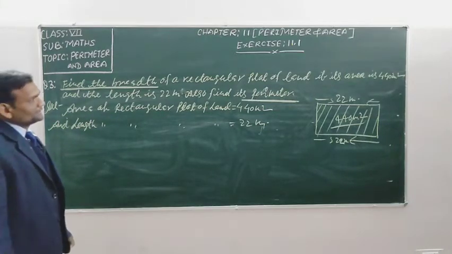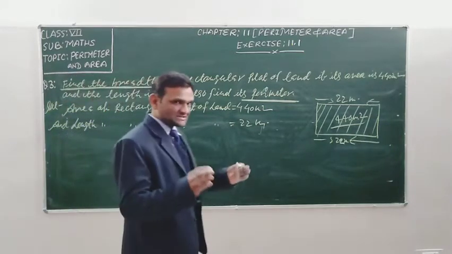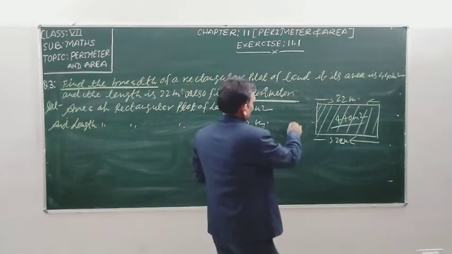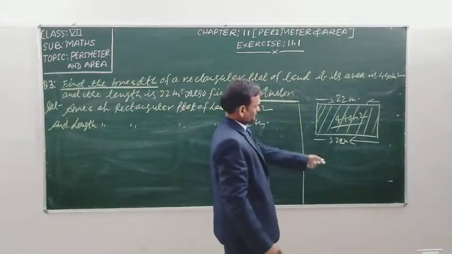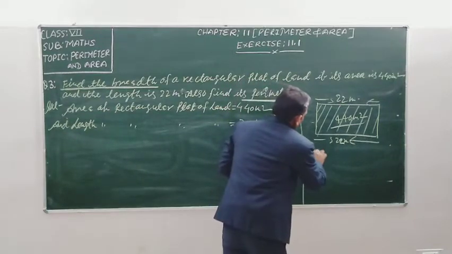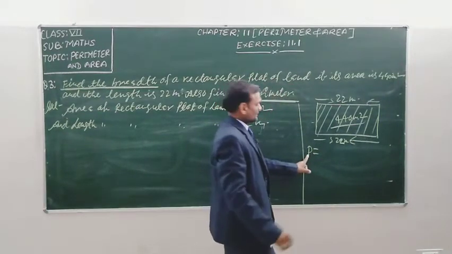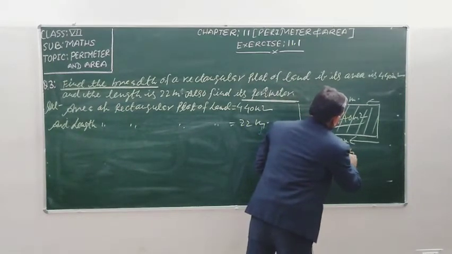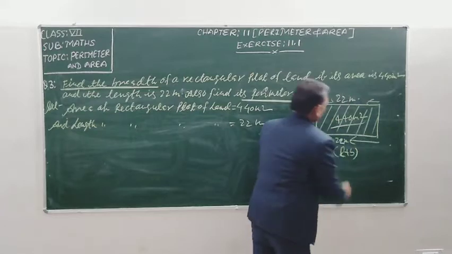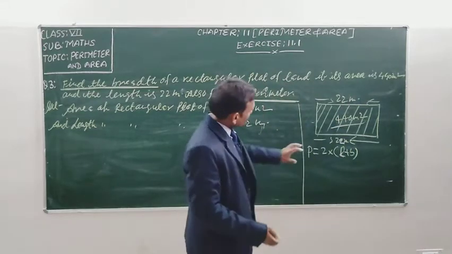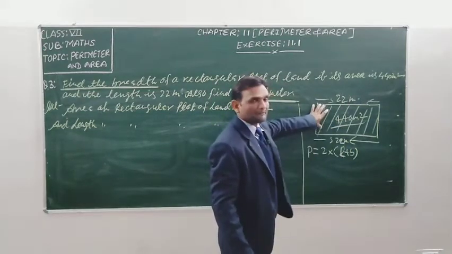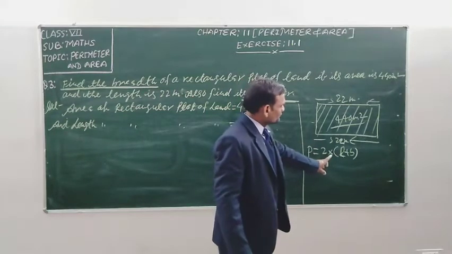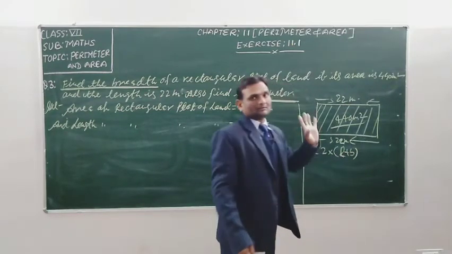So, student, first think in your mind. For finding the perimeter, I am doing rough work here. For finding the perimeter, we use the formula 2 into length plus breadth. To find out the perimeter of this plot, we need length and breadth.